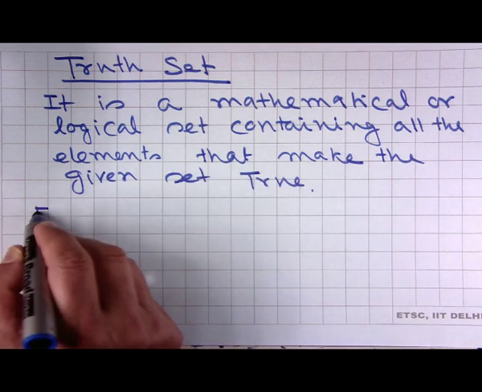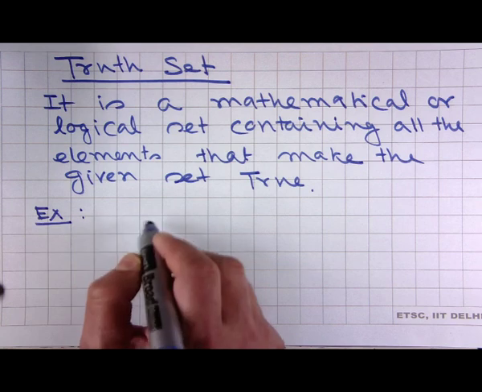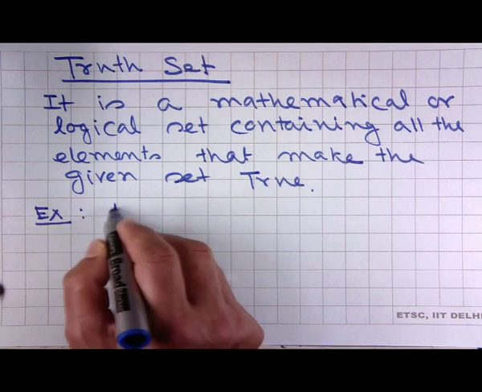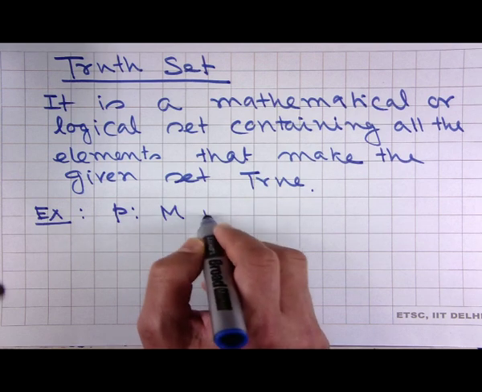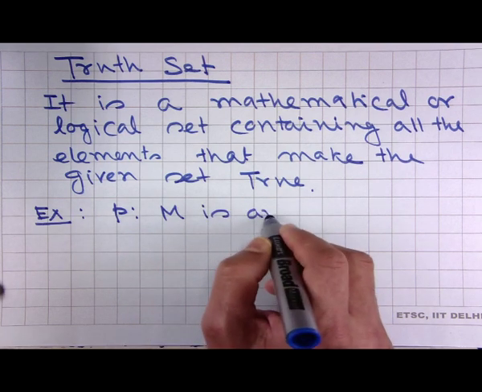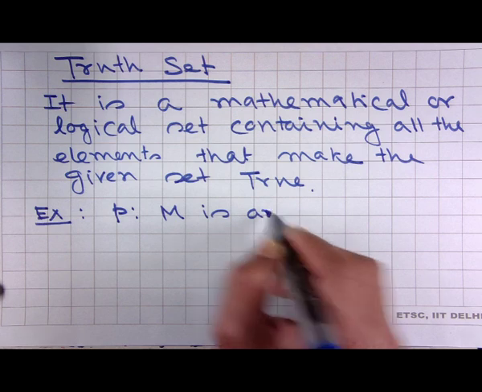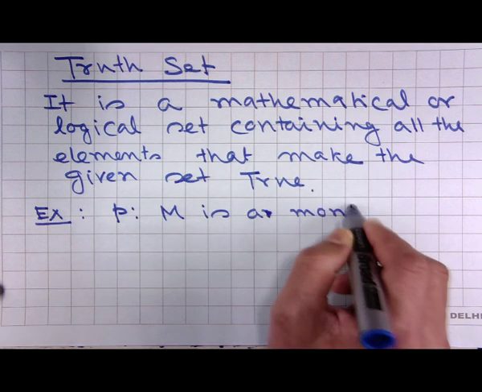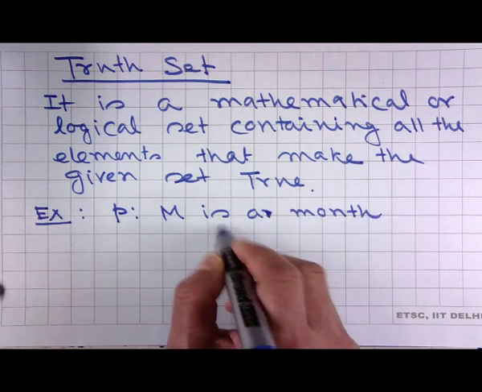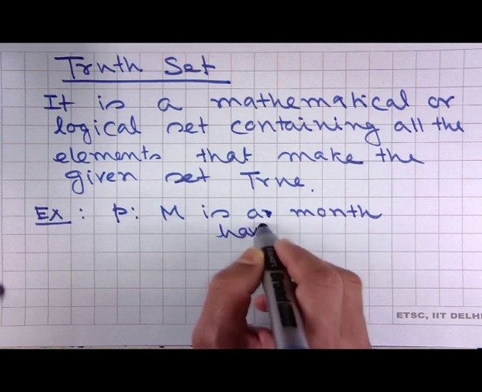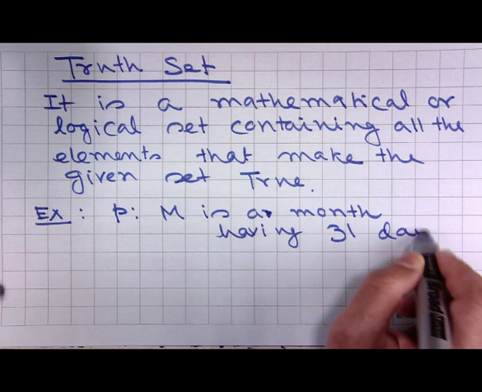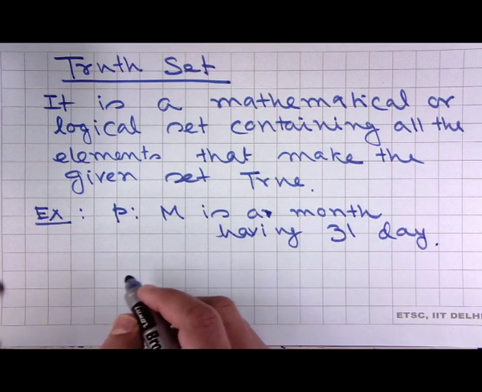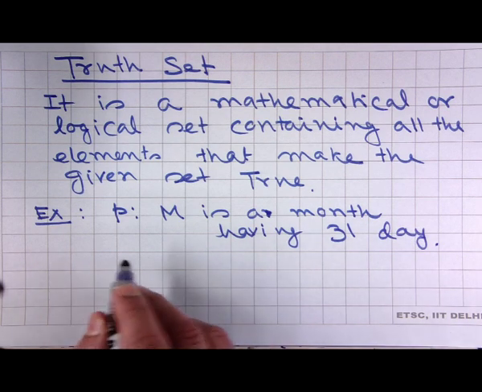Example, consider the statement P: M is a month having 31 days. So, what is the truth set?